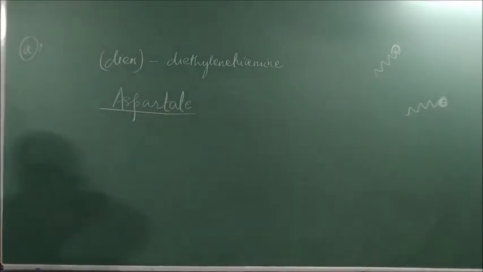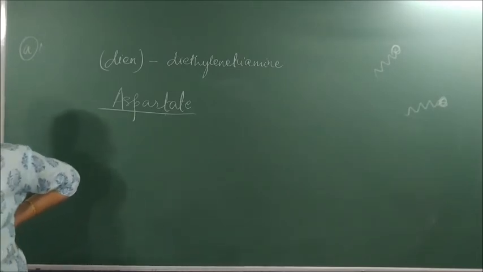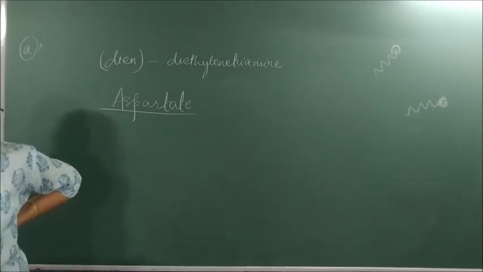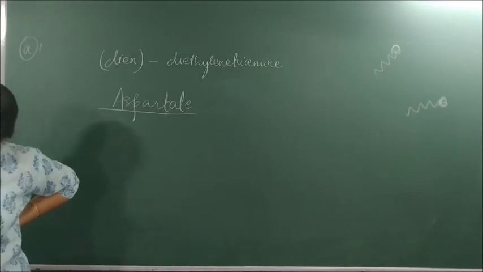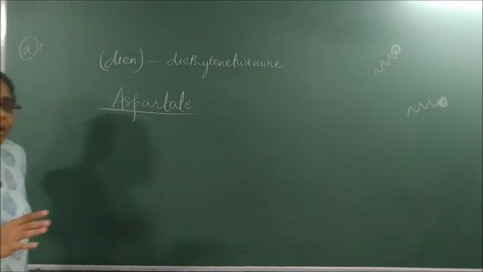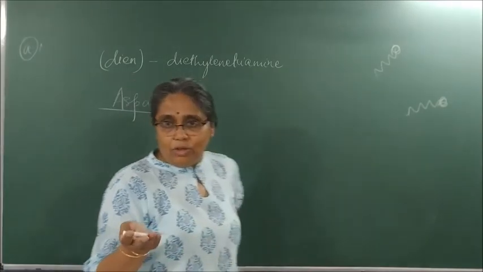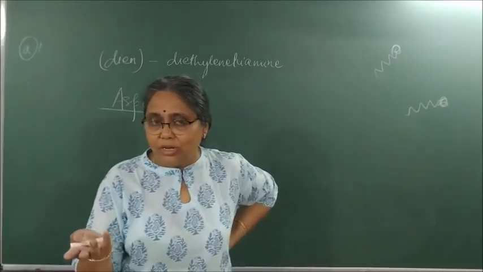We have studied, so which is the acid which is present in Indian cottage cheese? Tyrosine is the acid which is present in paneer. I don't know what you said.